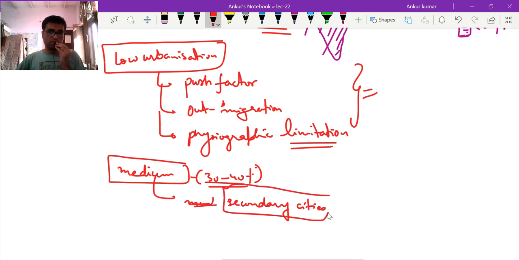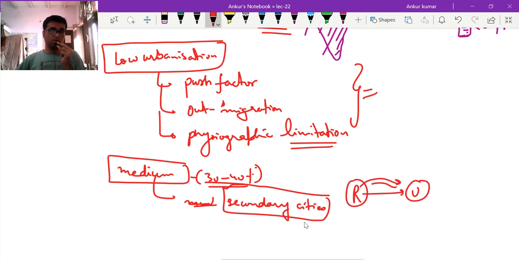For example, in MP there are number of secondary cities, whether it is the Ujjain, Indore. Okay, these secondary cities, they intercept the larger streams, the big streams. For example, a big rural to urban stream, let us say, happening from the Bihar Bhagalpur region towards Delhi region, is generally not intercepted by any other intervening center.